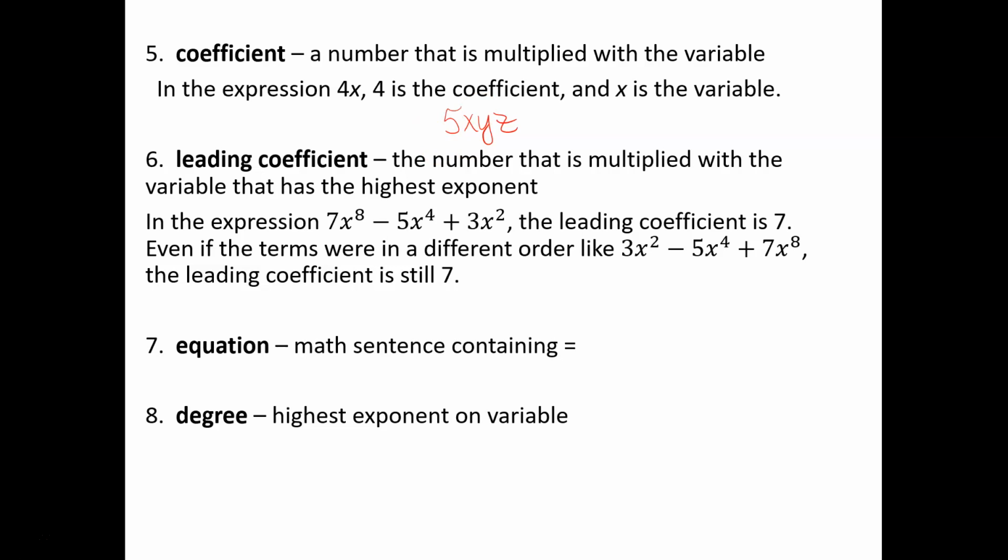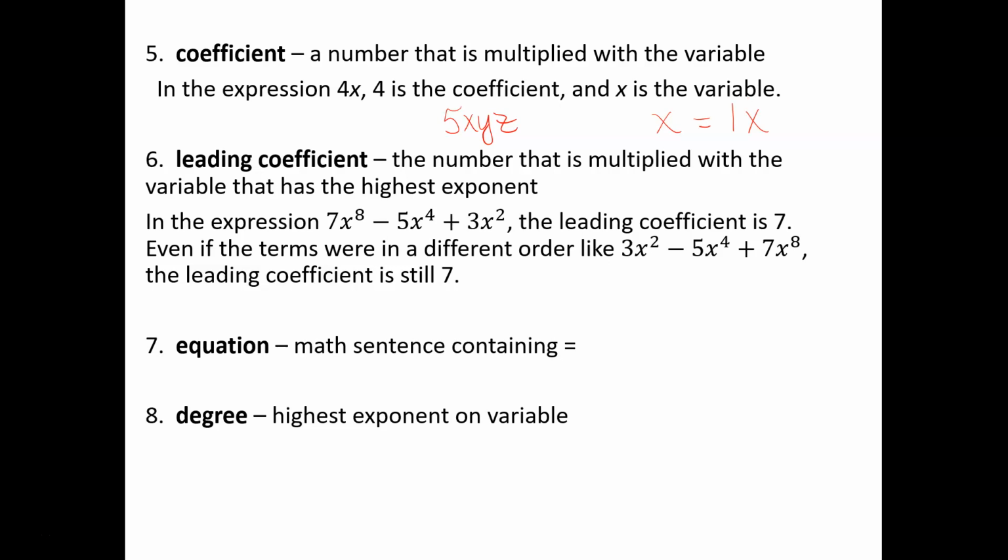Also, we might mention here, sometimes when you just see a variable, like let's say you just had an x, it still has a coefficient, but the coefficient is not visible. There is actually a 1 as the coefficient. It doesn't have to be written there. And the reason is because it's multiplied, and if we did 1 times x, well, that's the same thing as just x. But if I were to give you x and say, what is its coefficient? You would answer 1.